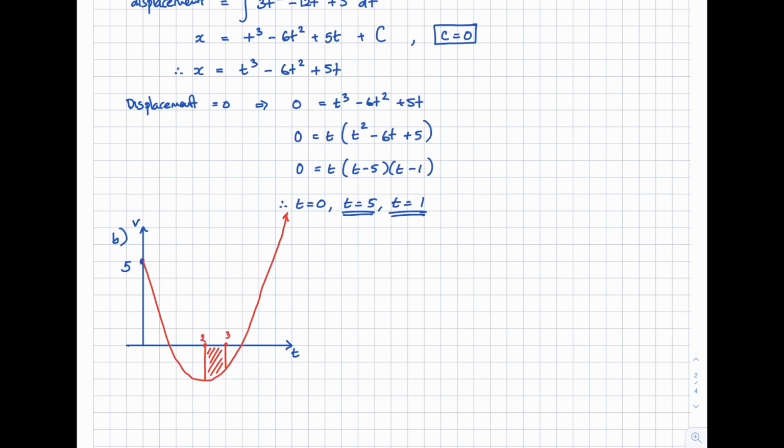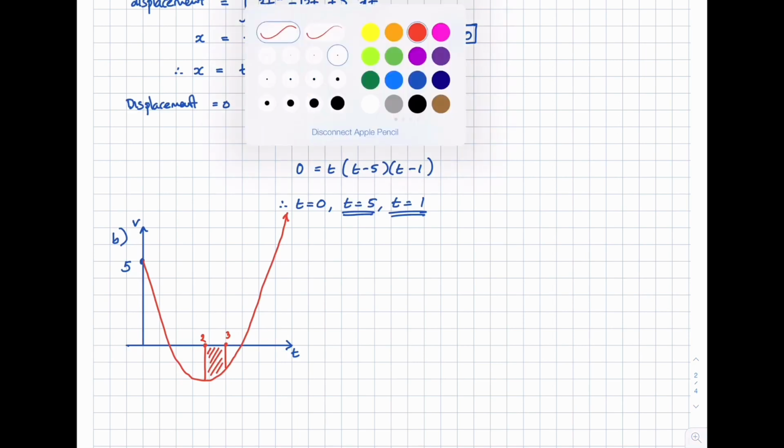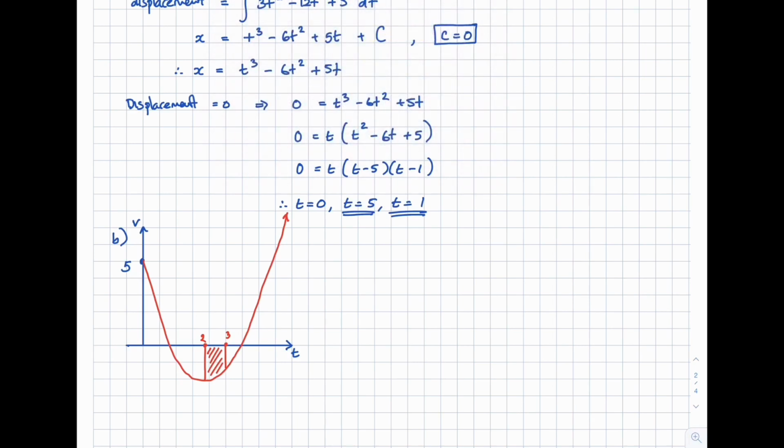So this is an area that's under the x-axis or the t-axis. So in other words, when we start calculating this area, we should end up with a negative result, of which we will then take the magnitude of that answer. So how do we calculate this area?